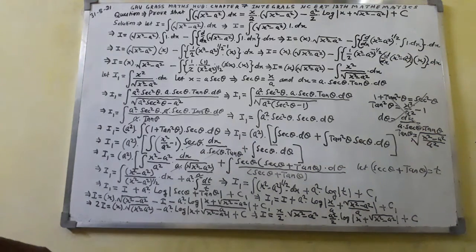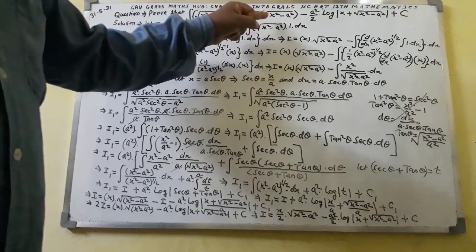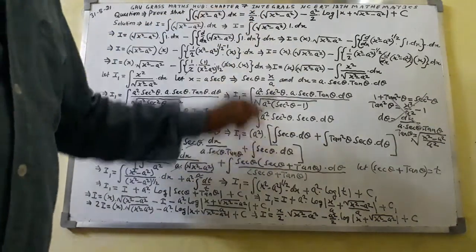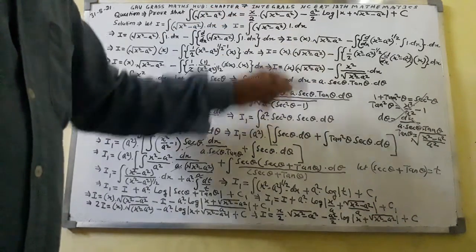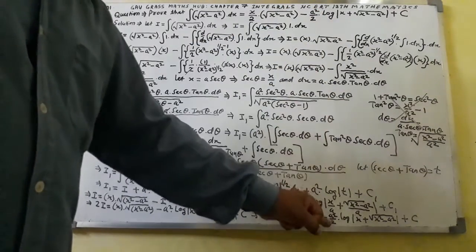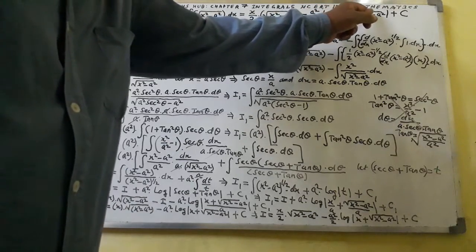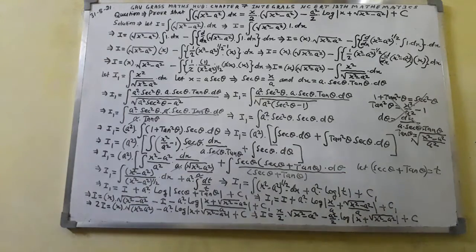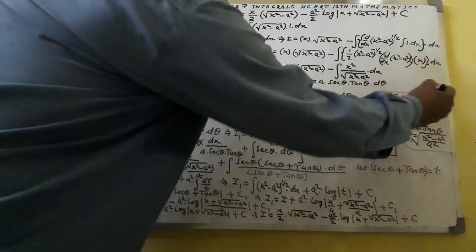This is the same result you have got here. You can see I equal to x over 2 dot under root x square minus a square minus a square over 2 dot log mod x plus under root x square minus a square mod plus c. Same result you can see. This is correct. Now this is the rough work I have put here.